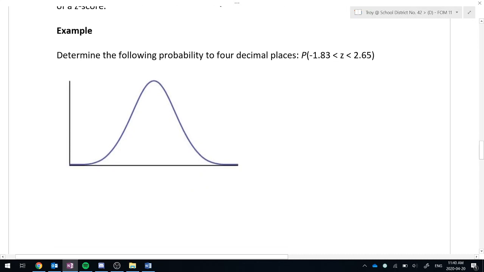So essentially what it's asking us here, so this is a negative number, so a negative number is going to be over here somewhere. Okay, so call this Z1, it's negative 1.83, and positive 2.65, let's say that one's over here. Call this one Z2, that's 2.65.